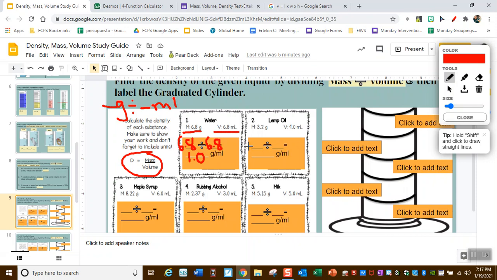Okay? Easy, right? That's the density of water. Lamp oil, okay, it tells you your mass is 3.2 and your volume is 4. Divide those two numbers together and you should get 0.8. All right. Push pause on the video and do the rest by yourself.